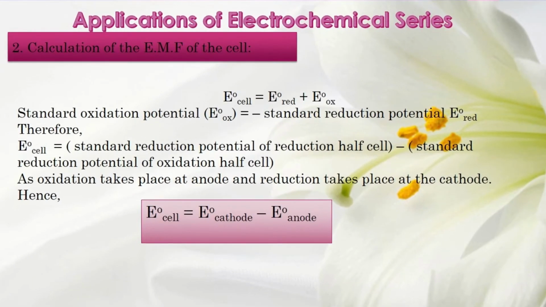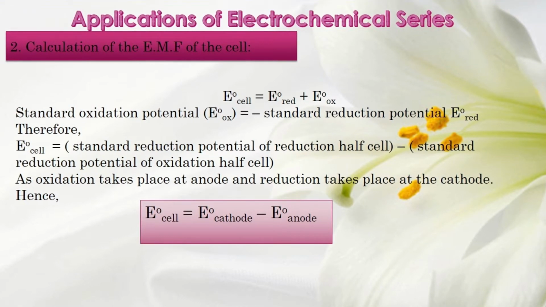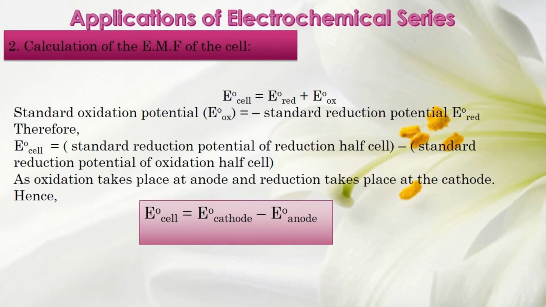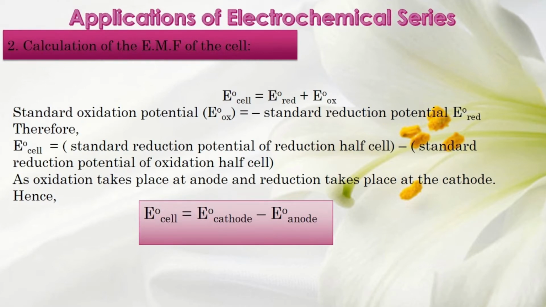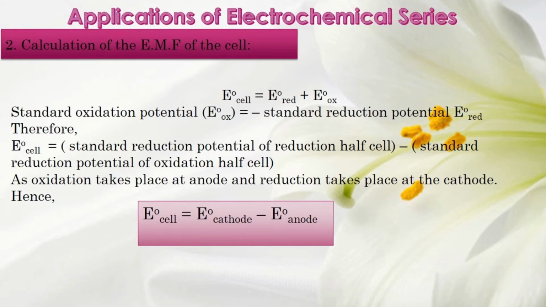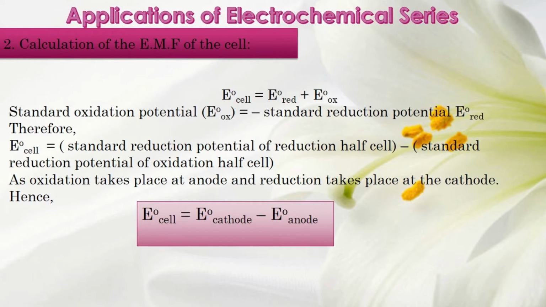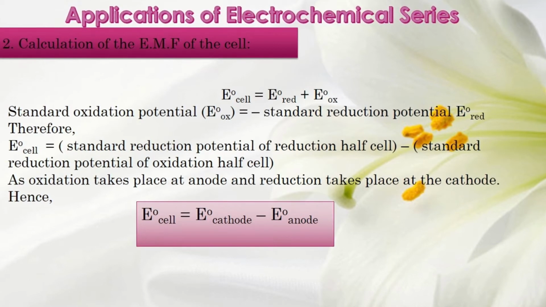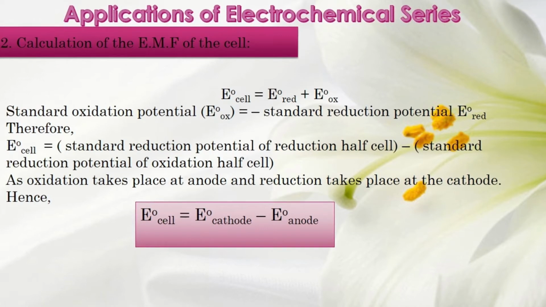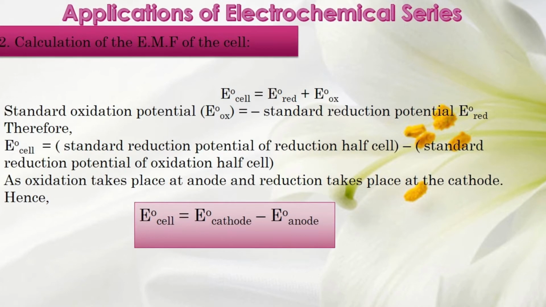The second application of the electrochemical series is that it helps to calculate the standard EMF of an electrochemical cell. The standard EMF of the cell is the sum of the standard potentials of the two half cells, that is, reduction half cell and oxidation half cell. By convention, we write the standard oxidation potential in terms of reduction potential.